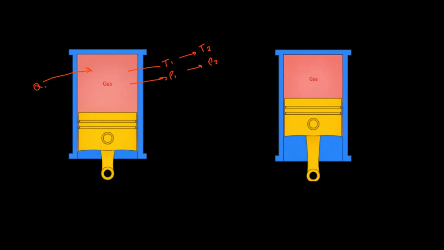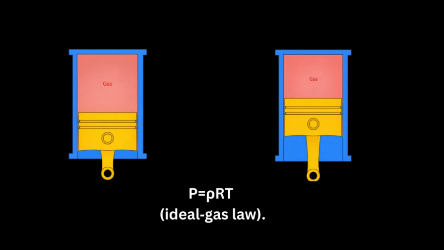So what does it mean? It means that temperature and pressure are not independent properties, they are dependent properties. Why am I telling this? Because pressure and temperature are related by the ideal gas law, P equals rho R T. So if I increase the temperature, the pressure is also going to increase.